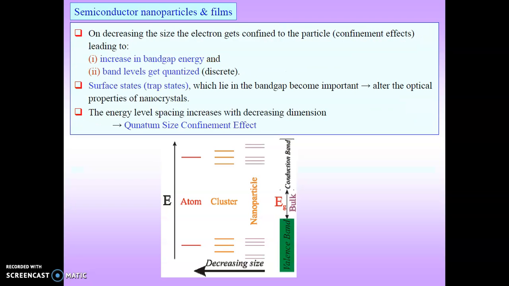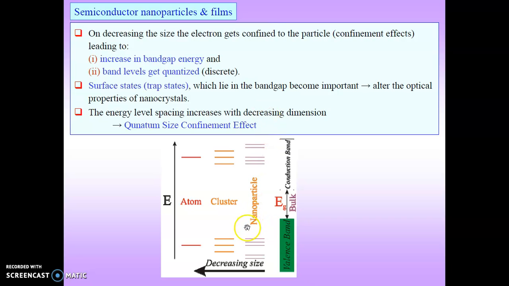In semiconductor nanoparticles, on decreasing the size, the electron gets confined to the particle, defining the state of the particle. Confinement effects lead to an increase in the band gap energy.